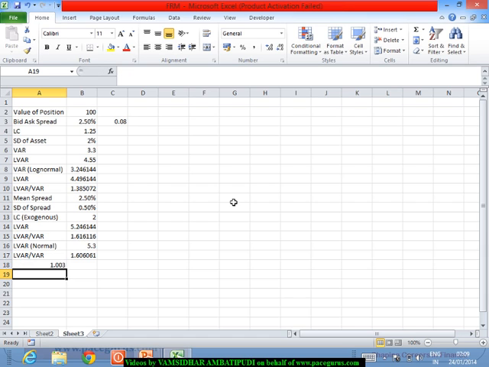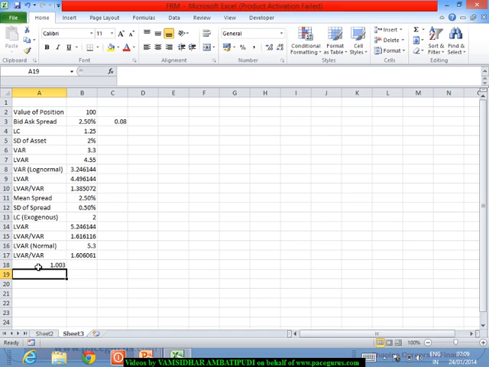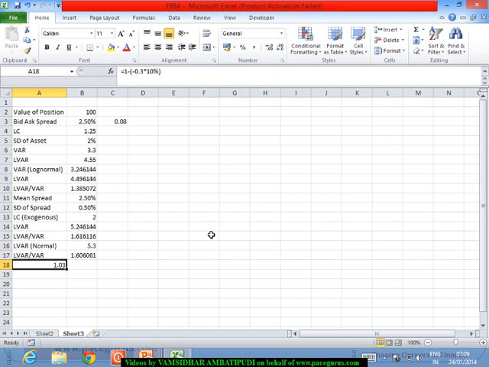So let's say 1.003, right? Or probably I assume that the elasticity is minus 0.3 instead of minus 3%. If I assume that it is around minus 0.3, so I'll take it as minus 0.3. So overall there is 1.03. That is the LVAR by VAR because of the endogenous risk. So LVAR by VAR because of endogenous risk is going to be that much.